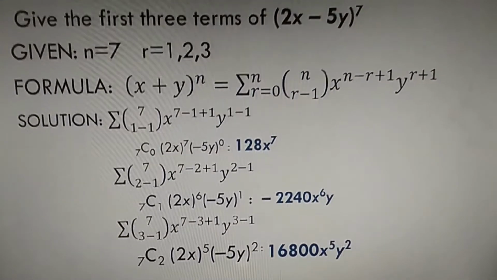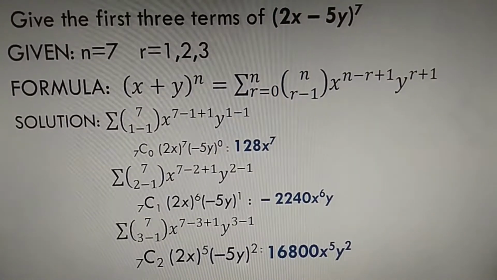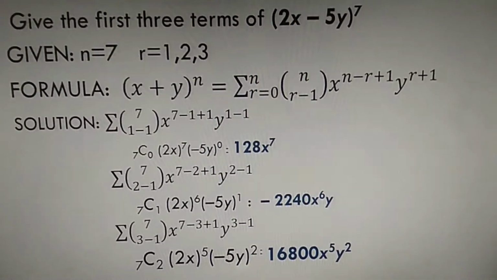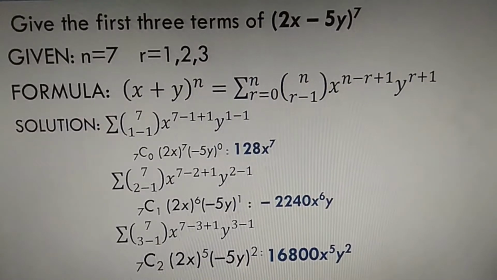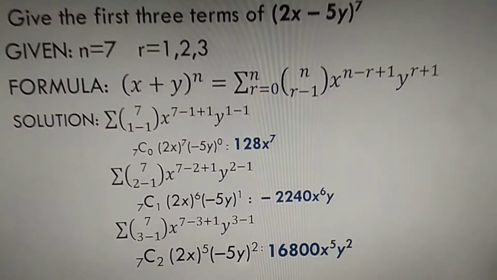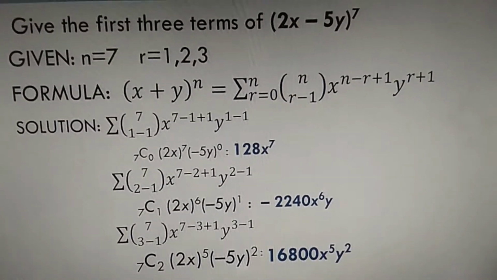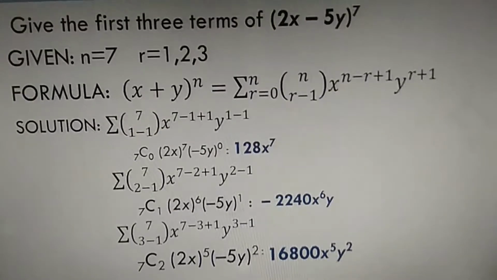So we will use the same formula, but be cautious about the sign. Going with the solution, our first answer is 128x raised to 7. Our second is negative 2240x raised to 6 times y. And the third is 16,800x raised to 5 y raised to 2.